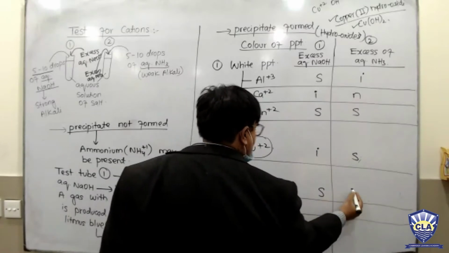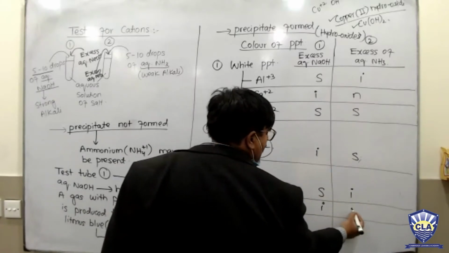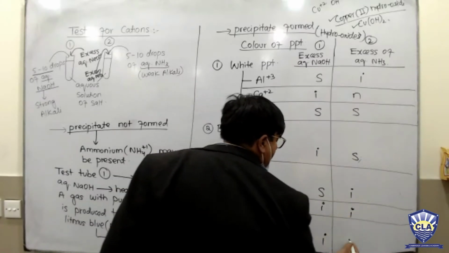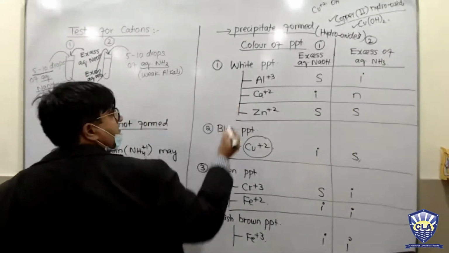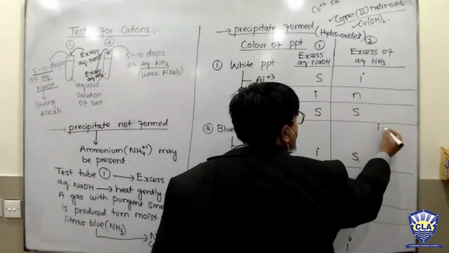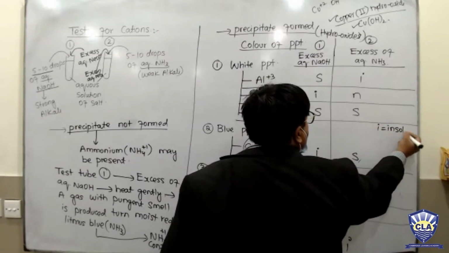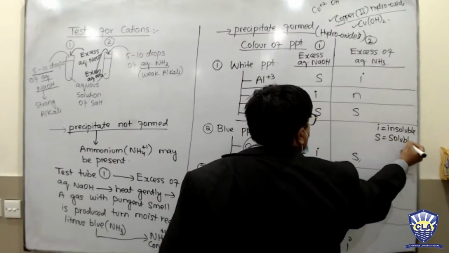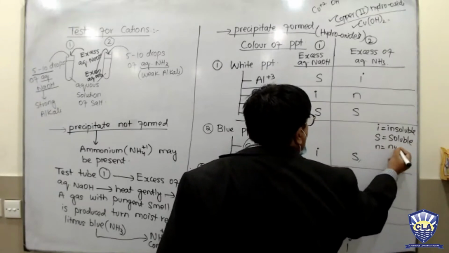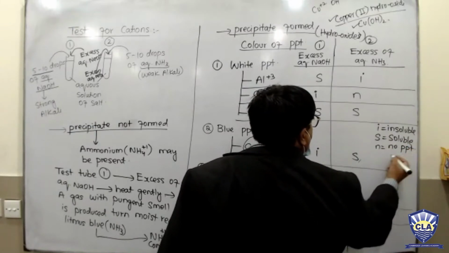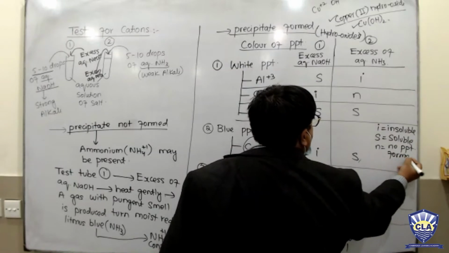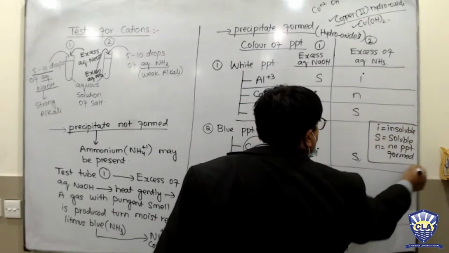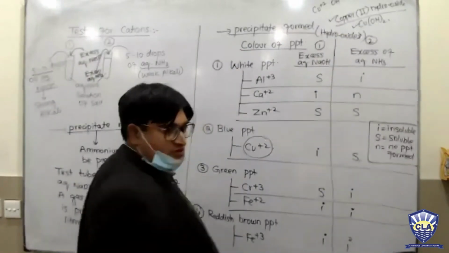Chromium, Psi. Iron, I. And for iron 3, I. The letter I means insoluble, S means soluble, and N means no precipitate formed. So you should learn all these.